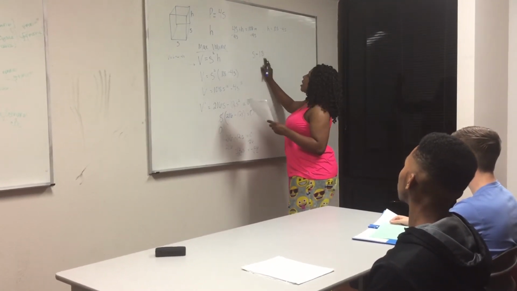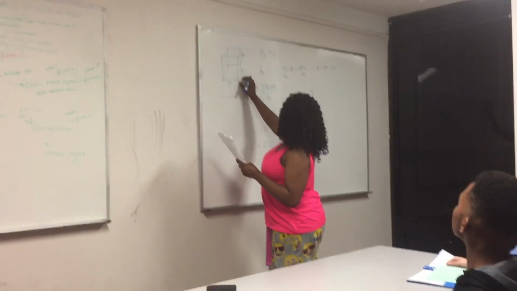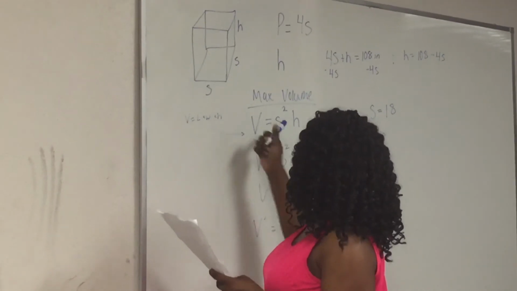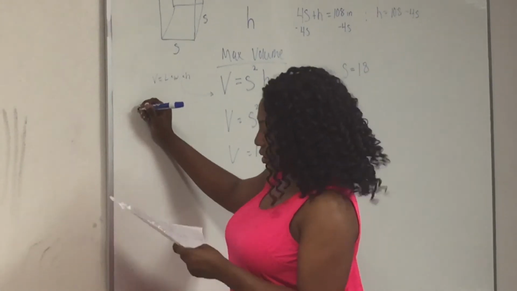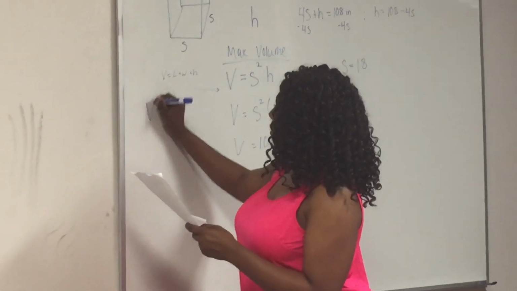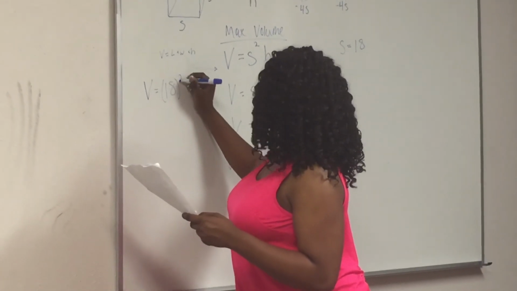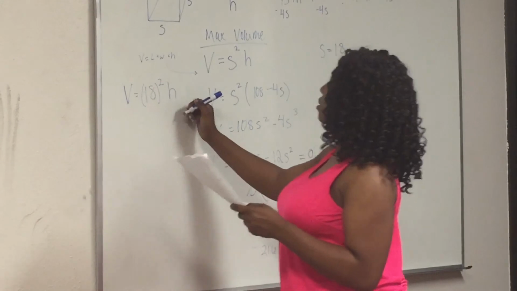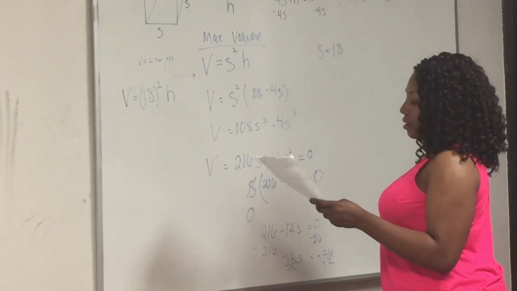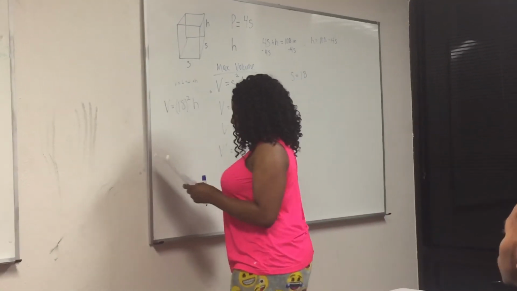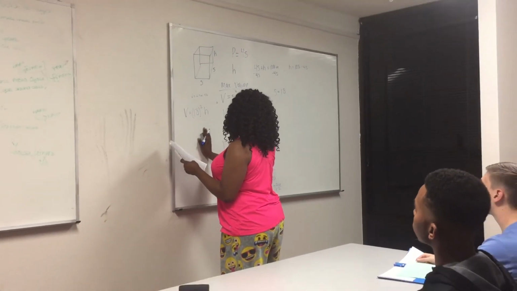That gives us the dimension of one part. Basically, we've already gotten most of this equation down: V is equal to 18 squared times H. Now that we found our S, we can solve for our height.